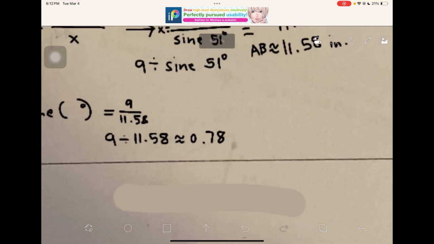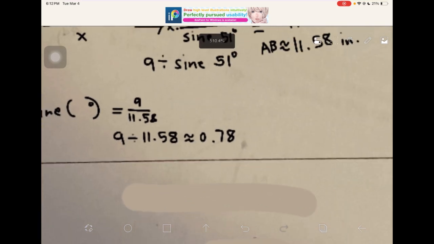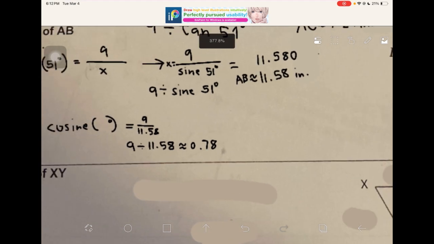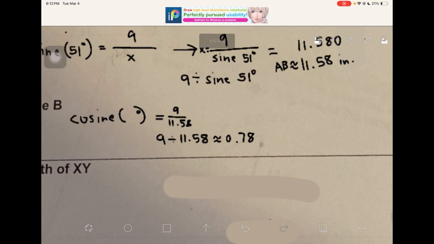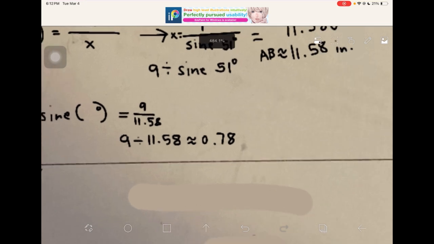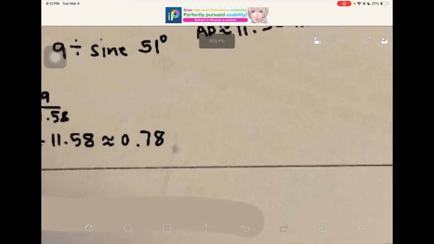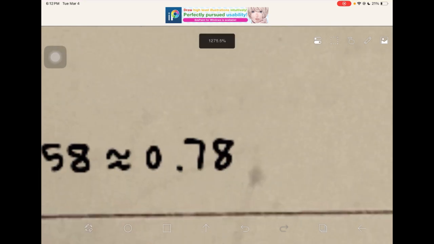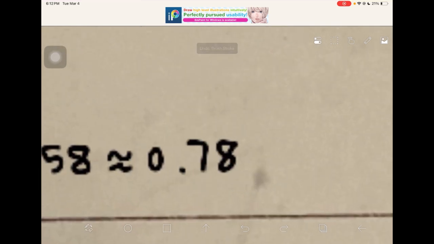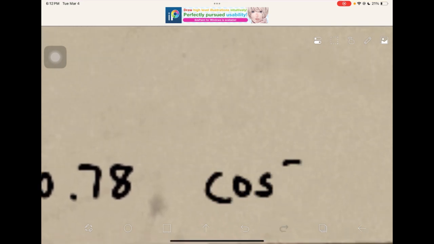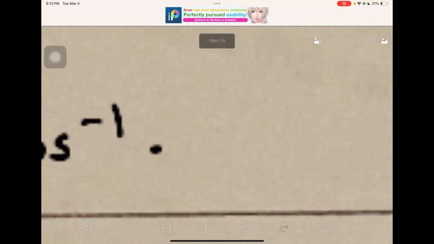Now from this, you might be wondering, what should we do? We have to introduce a new function. You can find cosine raised to the power of -1. I want you to click shift on your calculator, cos -1, and then your previous answer.